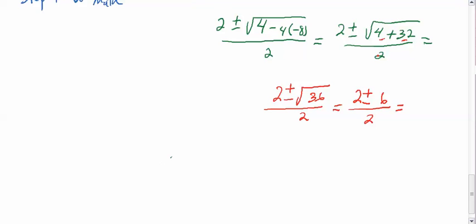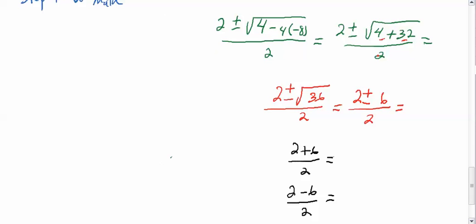The last part, you're going to do your 2 problems. We're going to say 2 plus 6 over 2, and then 2 minus 6 over 2, and we're going to do the math for both of them, and then we're going to have our 2 answers.